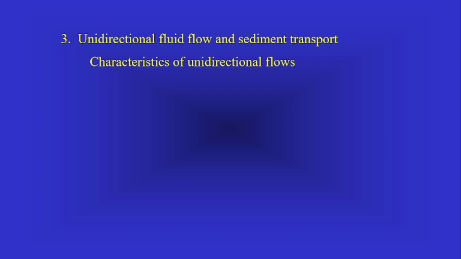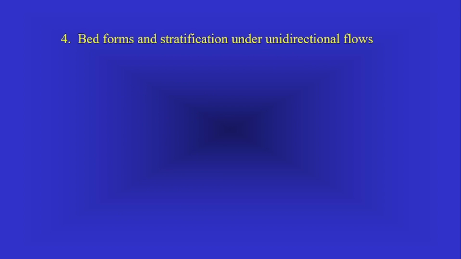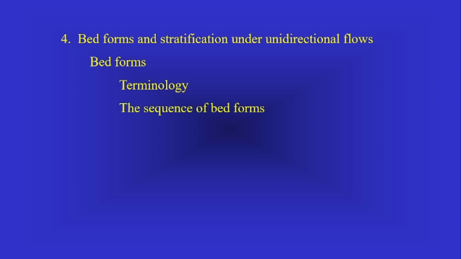Characteristics of unidirectional flow include simple fluid flow, fluid gravity flow, sediment transport, modes of transport, and initiation of transport. The fourth, very important, topic is bed forms under unidirectional flow: how they are formed, what they tell us, and terminologies related to bed forms, like ripple marks and the sequence of bed forms.